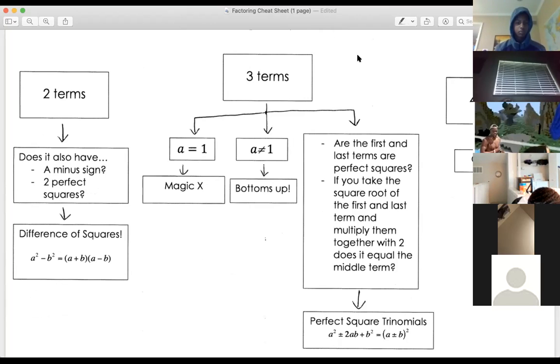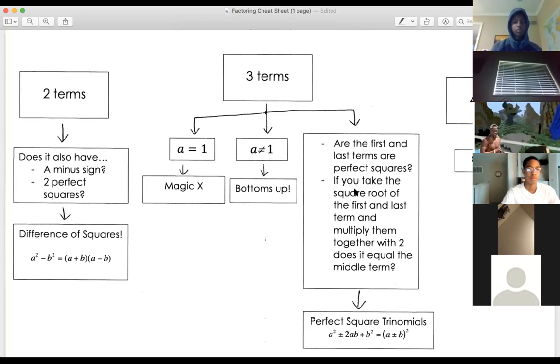If you have 3 terms, you have 3 different options for factoring. If you have 3 terms and the first a value is 1, so if there's no number in front of your x squared, you can go directly to the magic x. If you have 3 terms and your a value is not 1, so if it's a number other than 1, then you need to use bottoms up.